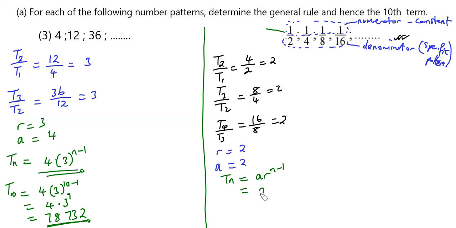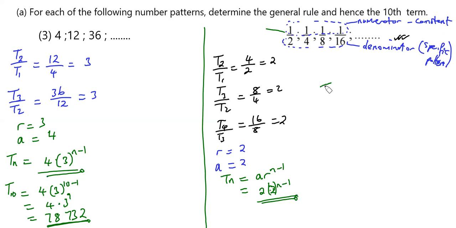What is our A? It is 2. What is our R? It's also 2. Then we have n minus 1. So we put it in brackets, 2 to the power n minus 1. That's your general formula, that's the answer that is needed.